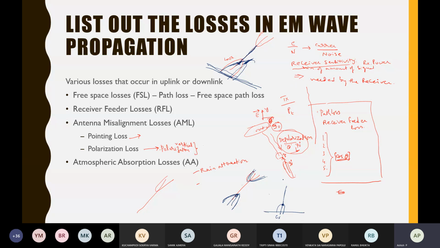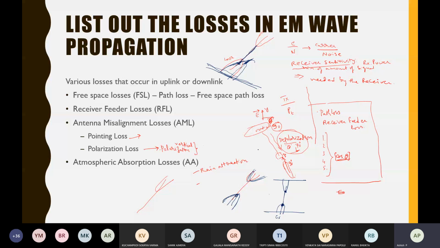So it should be exactly pointed towards the place where the satellite antenna is radiating. For this satellite antenna, this is the main beam, the point where the satellite radiates maximum energy. So this point should match the point where this earth station can receive maximum energy. Then we don't have any pointing loss.